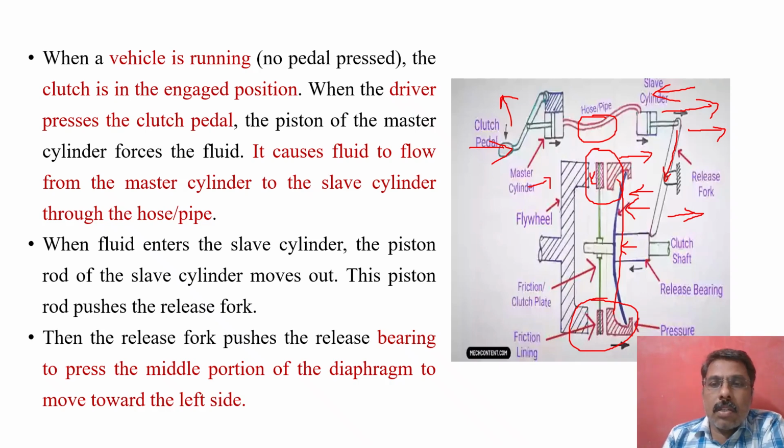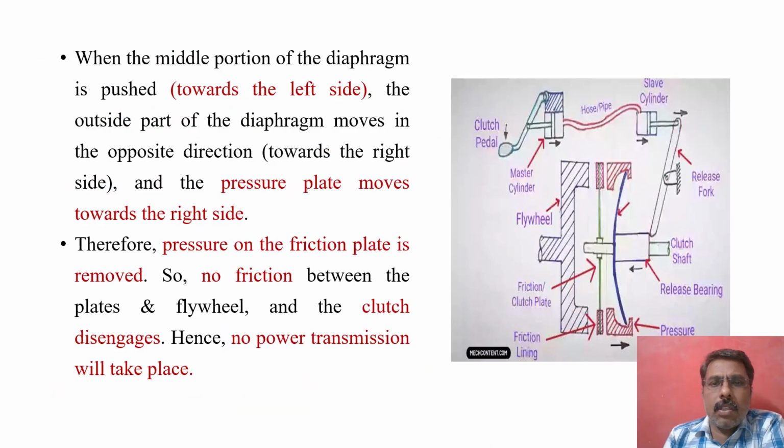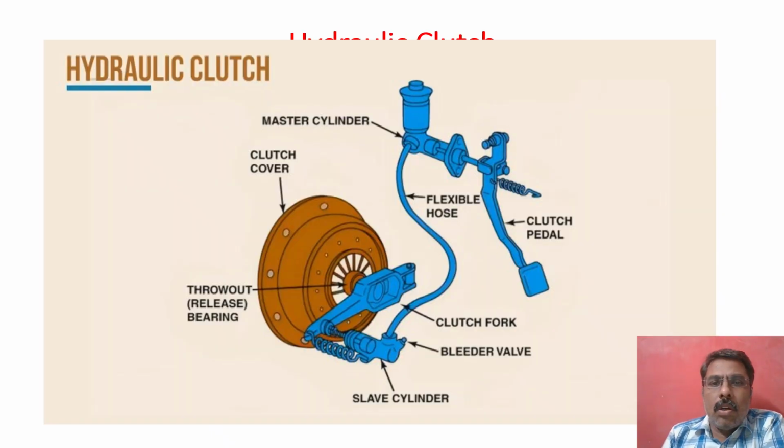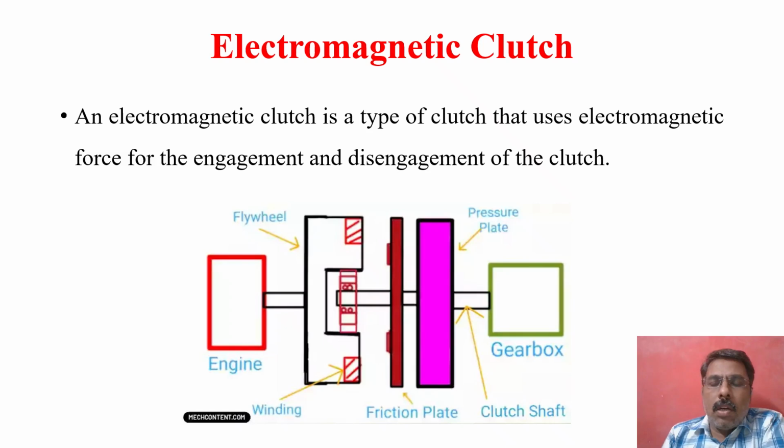Then let me discuss the last one, the electromagnetic clutch. In the electromagnetic clutch, the electromagnetic field is used to execute the clutching action. So this is the electromagnetic clutch, and here in the flywheel they use an electrical winding.